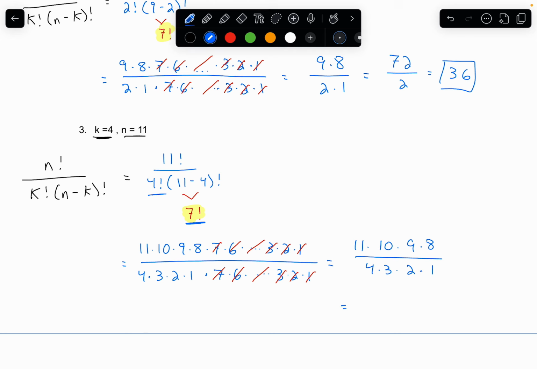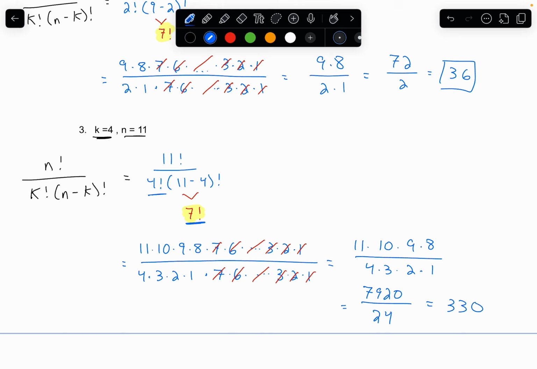So let's go ahead and work this out here. 11 times 10 times 9 times 8 gives me 7,920 for my numerator, and in my denominator, 4 times 3 times 2 times 1 gives me 24. So 7,920 divided by 24, I should end up with, in this case, 330.